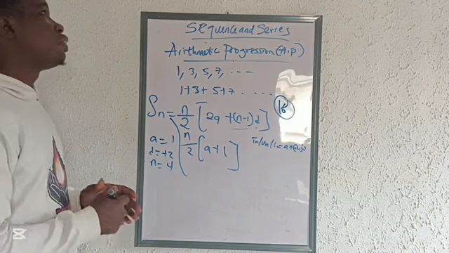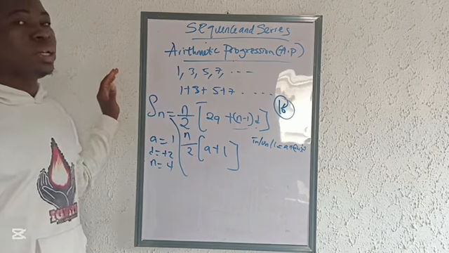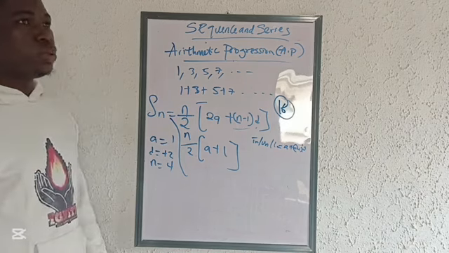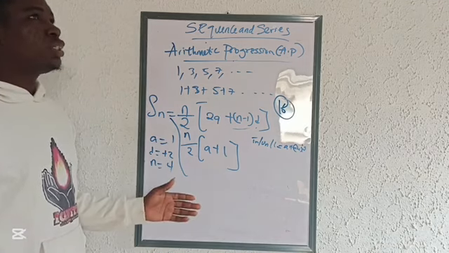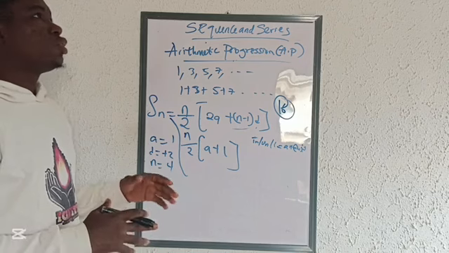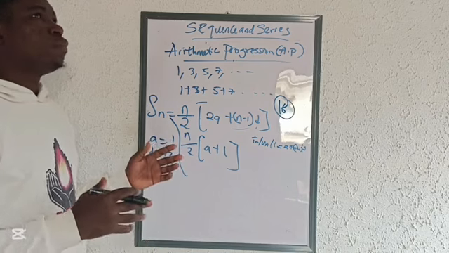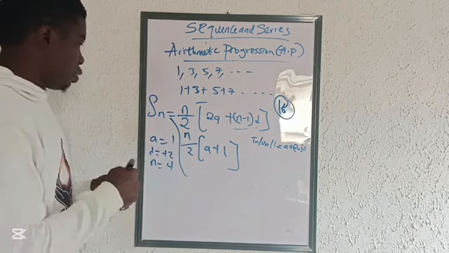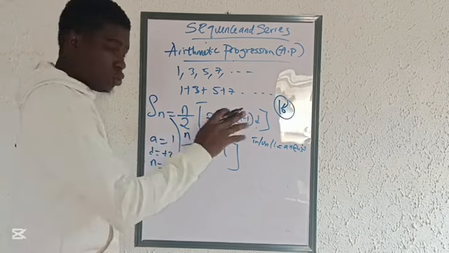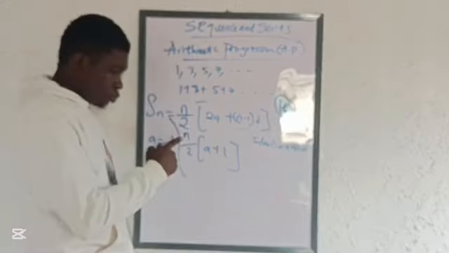Now let's look at this logically. If you are having your first term and your last term and they are following a sequence, just know that no matter how you want to do it, basically your first term plus your last term will definitely, what am I saying? Look at it logically.